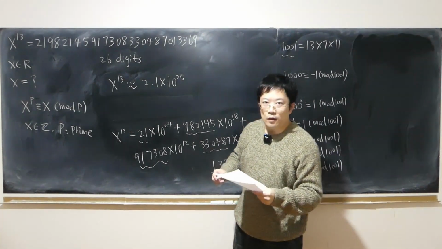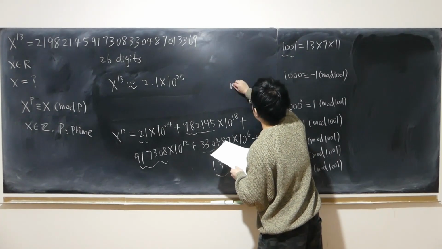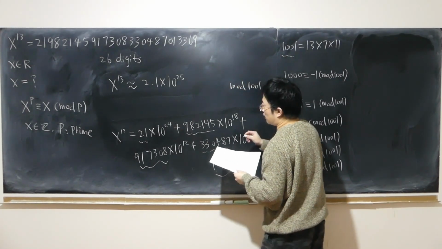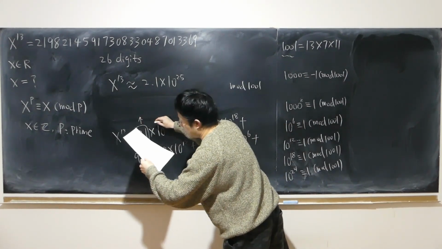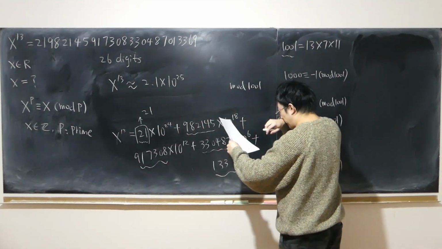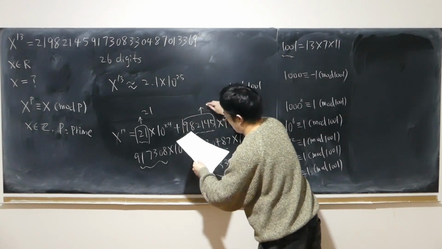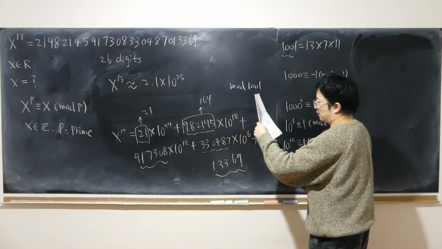remainder of this. So after some calculation, I found the remainder of, using mod divisor 1001, the remainder of this turns out to be 21. And the remainder of this, 164.